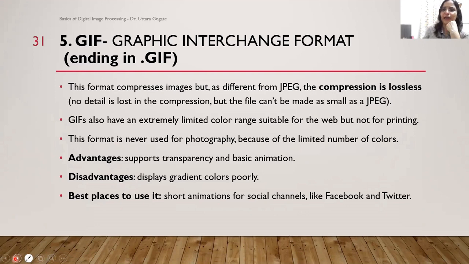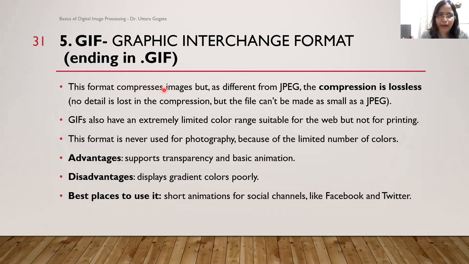Then GIF, as now on social media we are exchanging many GIFs. So whenever you have to make short animations, instead of using JPEG, which is a compression, it is a different form of JPEG, but it supports animation, and that's why we can use this GIF file format.